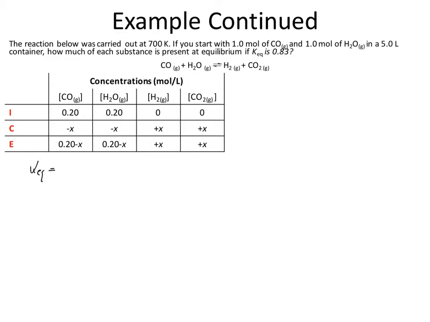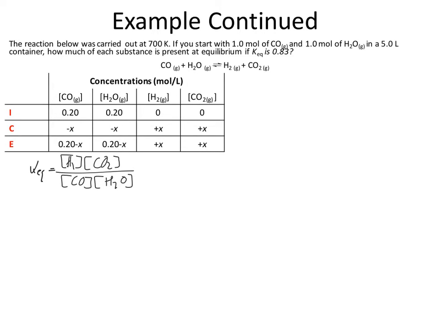All of them are in gas phase over here, so we can write them all down and include them in our K equilibrium. I'm going to drop the states just to make it a little bit easier, but usually we're going to be including our states. So our products over our reactants, we have H2 as our product, concentration of CO2 over concentration of CO, and the concentration of H2O.